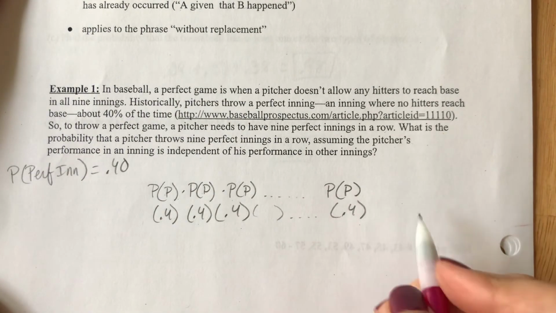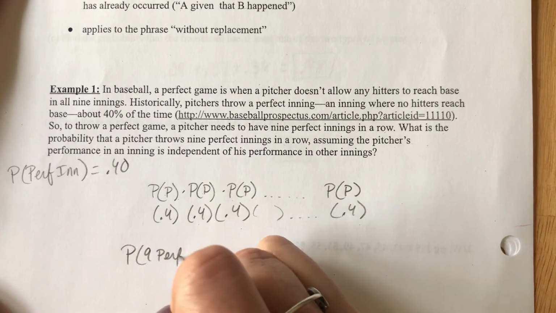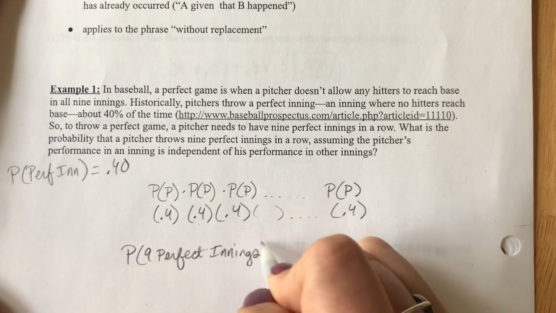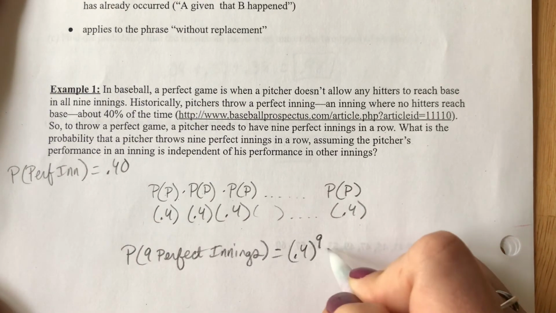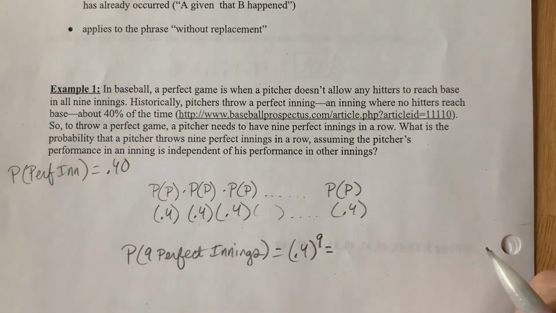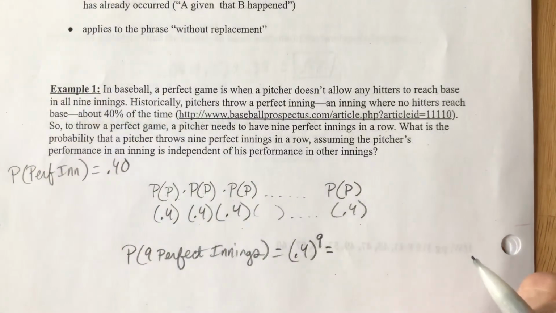So really the probability of 9 perfect innings can be found by doing 0.4 to the 9th power. If you multiply by 9, you're going to get 3.6, which is impossible because that would be greater than 1, and that's not a true number for probability.